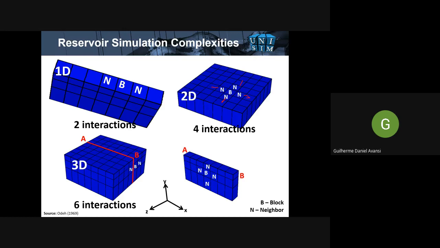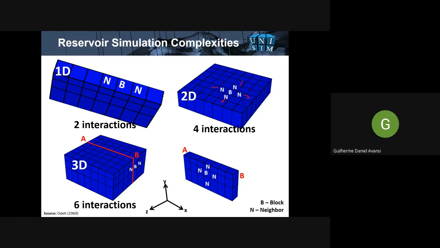When we move to the 3D, that is the most famous grid that we build for reservoir simulation. Now we have the 4 directions, and also the directions in the vertical. Let's see here. I just cut this out here in order to see.